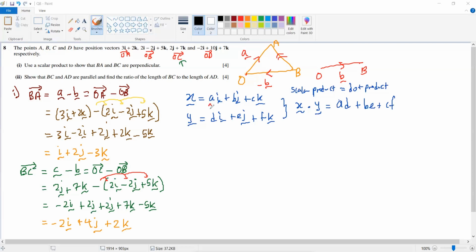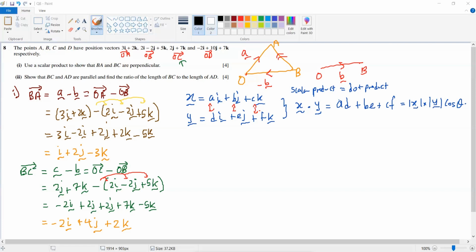The other way is to calculate it with the modulus of X times the modulus of Y, then cos of the angle between them. It's the general idea of the dot product of two vectors.